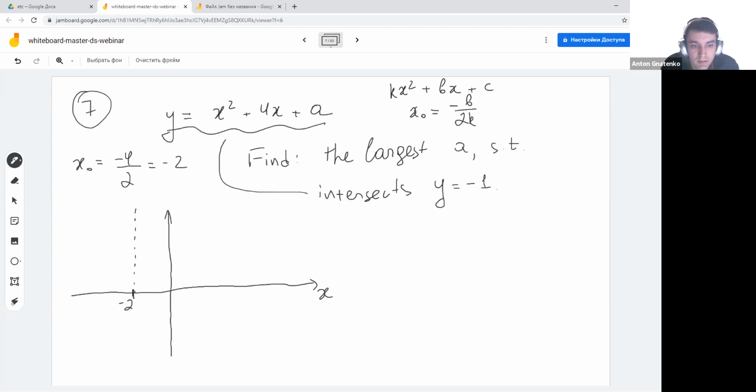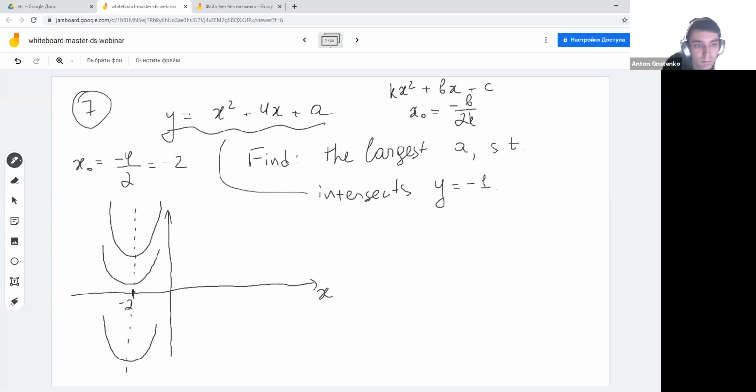This parabola, whose branches look upwards, has its vertex somewhere on this line. It may look like this, or like this, or like this. I don't know yet because I don't know the value of the parameter a. Depending on a, this parabola will move up or down along this line, but it will never go right or left.